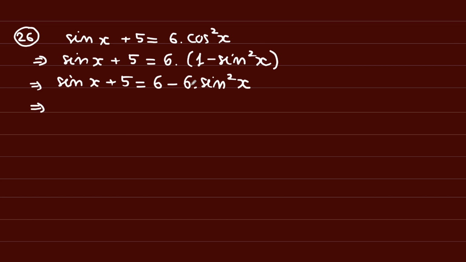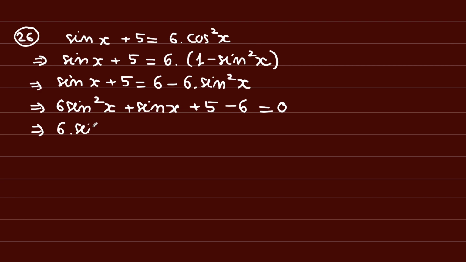And transpose the two terms of the right hand side to the left hand side. You got 6 sine square h plus sin h plus 5 minus 6 equal to 0, and here is 6 sine square h plus sin h minus 1 equal to 0.